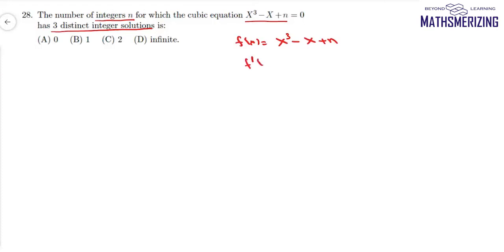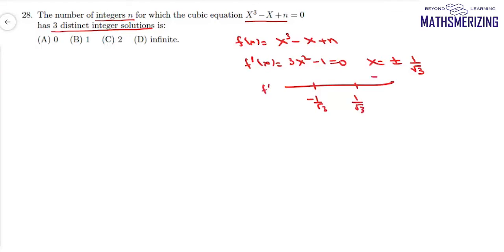And if I differentiate, I'll write f dash x as 3x square minus 1, and if I put it equal to 0, I'll get x as plus or minus 1 by root 3. So this is minus 1 by root 3 and this is plus 1 by root 3. The sign pattern is positive, negative and positive. So the derivative changes sign at minus 1 by root 3. So here it is a local maximum, and at 1 by root 3 it will be a local minimum.